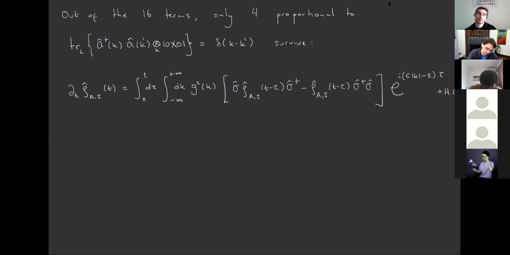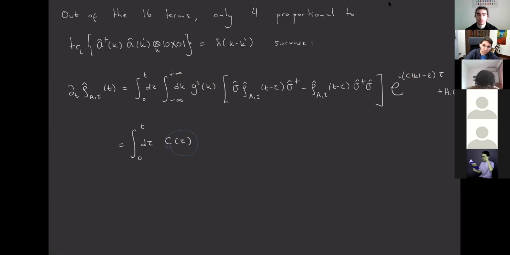But now we can rewrite it in an even more compact form. We can combine everything that has an integration over k: g that depends on k, the part of the exponential that depends on k, and then the integration over k.